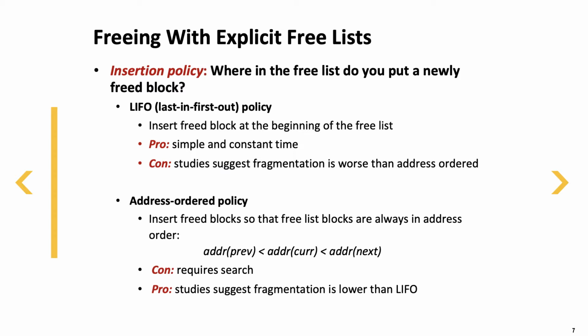The next one will always be the next highest address, and the previous will be the next lower address, so that they're always in order. The con for that is that it requires a search, right? We've got to go through our list to find out where we need to insert this thing. But we do have studies that suggest that the fragmentation is lower.